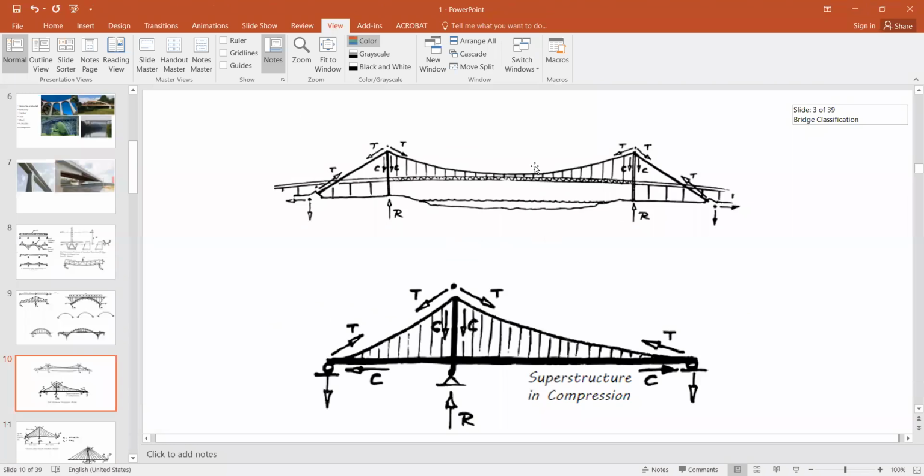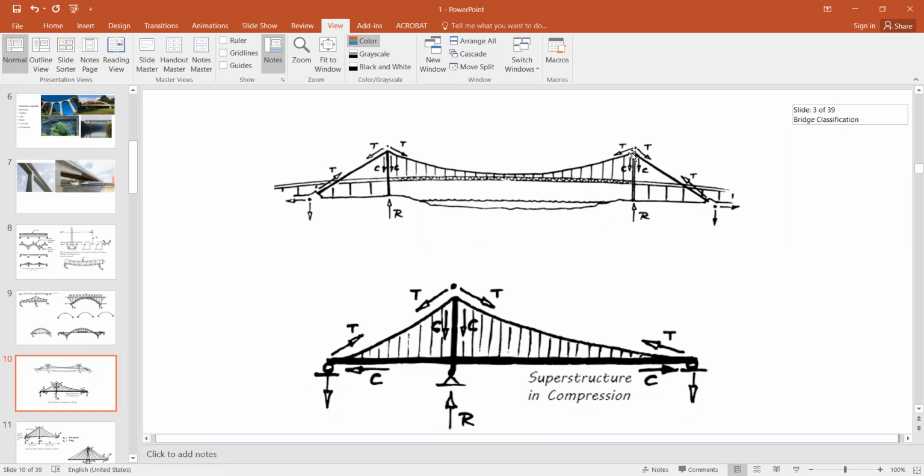Okay, this is a basic schematic of a suspension bridge. The suspension bridge is one of the most efficient types of structure, and spans up to 2000 meters have been built. I believe the Akashi Kaikyo bridge in Japan is built as a suspension bridge with a span of 1990 meters.